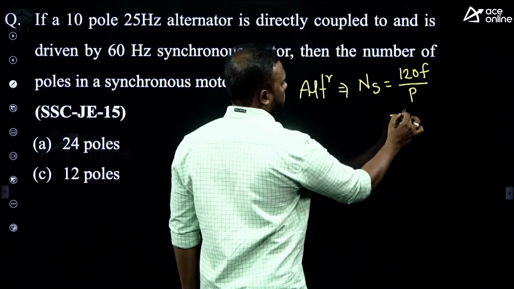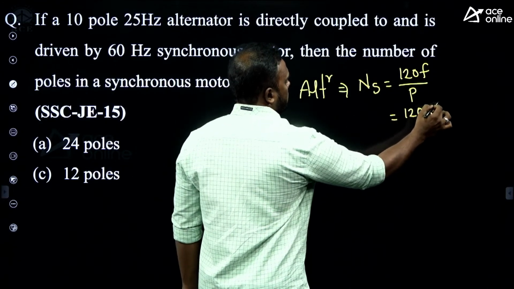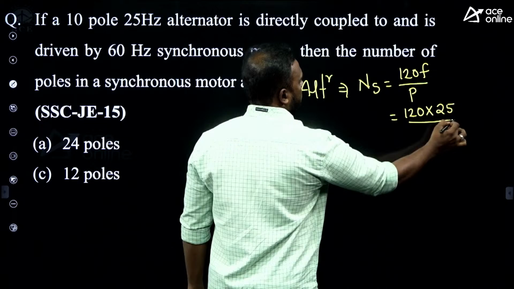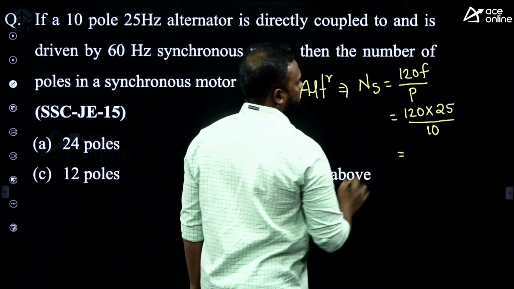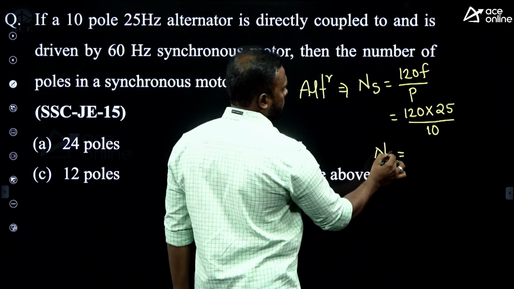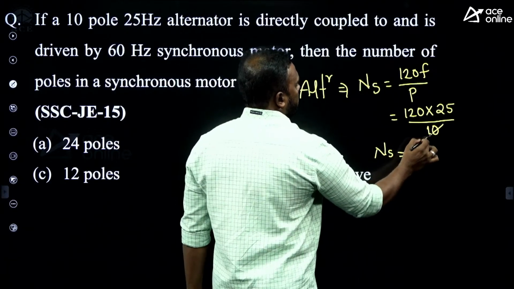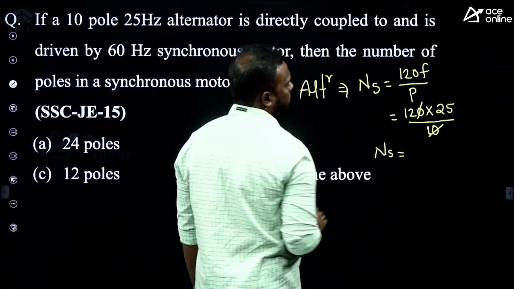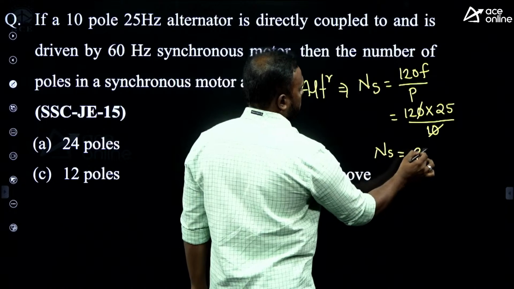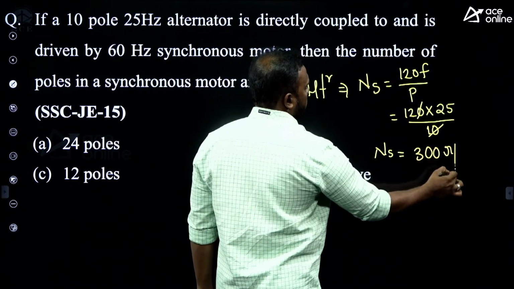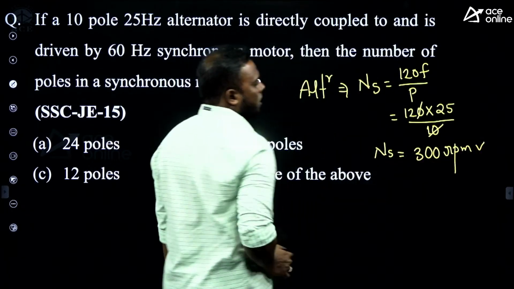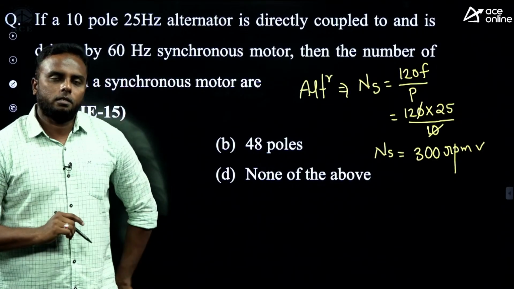So here we get 120 into 25 divided by 10. We get 300 RPM. This is the synchronous speed of the alternator.